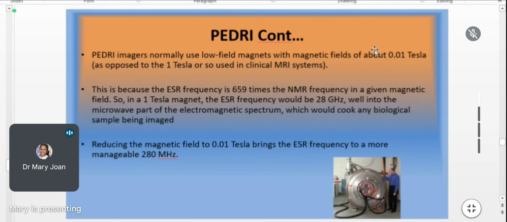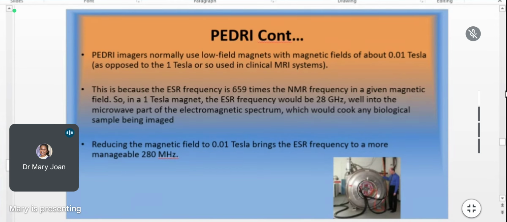And these images normally use low field magnets with a magnetic field of about 0.01 Tesla, as opposed to the 1 Tesla or so used in clinical MRI systems. This is because the ESR frequency is 659 times the NMR frequency in a given magnetic field.